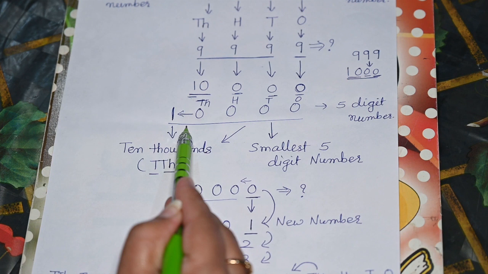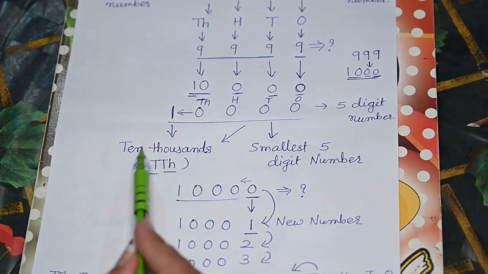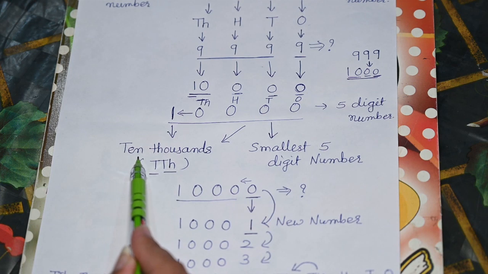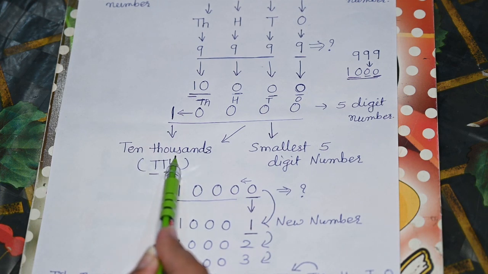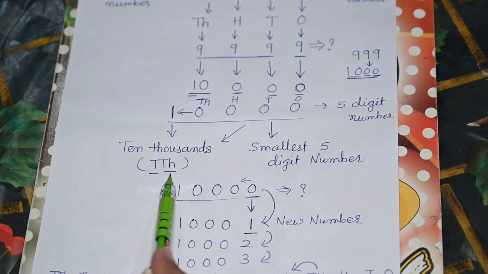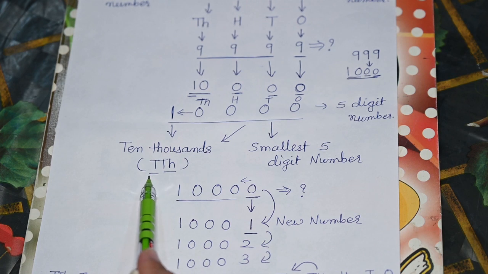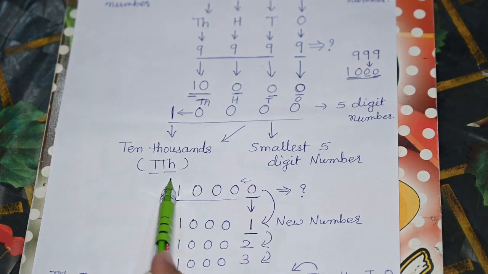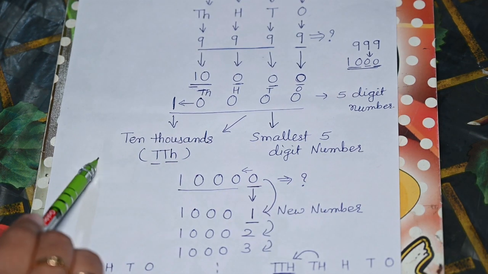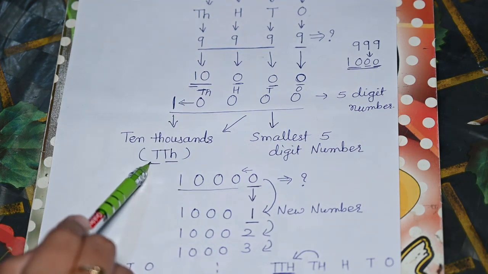So this new place is called ten thousands. It is written as capital T, small h. Capital T for tens and capital T and small h for thousands. This new place is known as the 10,000s place.